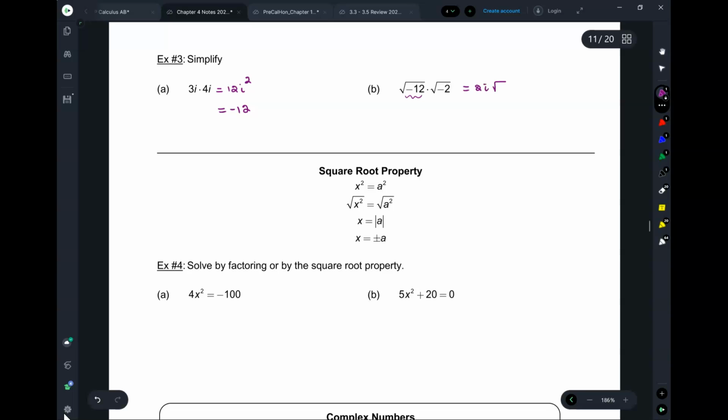This is going to be 2i root 3, times the square root of negative 2. The 2 can't come out, but an i can come out: i root 2. Now you can multiply the stuff on the outside and you get 2i squared root 6. What's i squared? So this is negative 2 root 6.